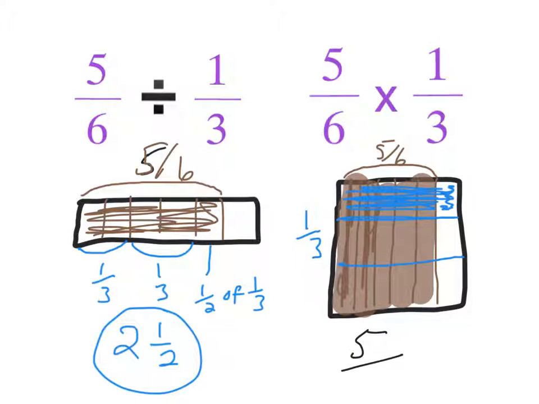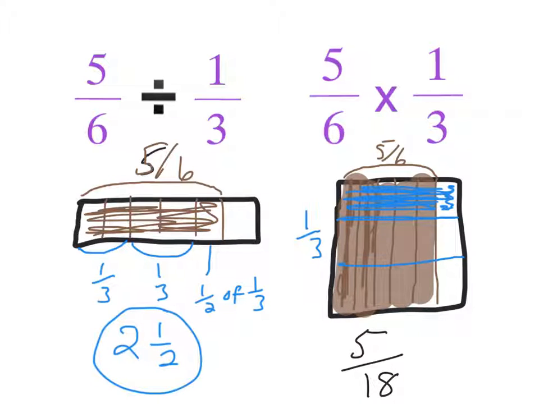And then I have to count how many total I have. So I have 6 up here, right? 1, 2, 3, 4, 5, 6, 7, 8, 9, 10, 11, 12, 13, 14, 15, 16, 17, 18. So I have 18 whole parts now. So my bottom is going to be 18.